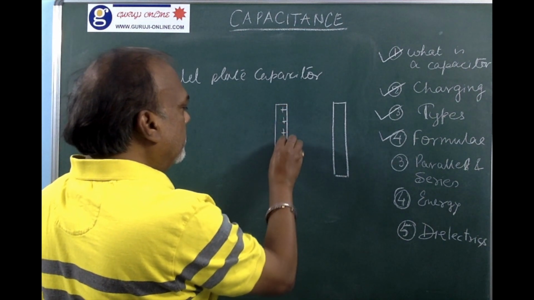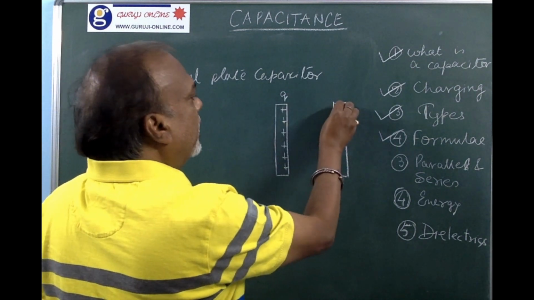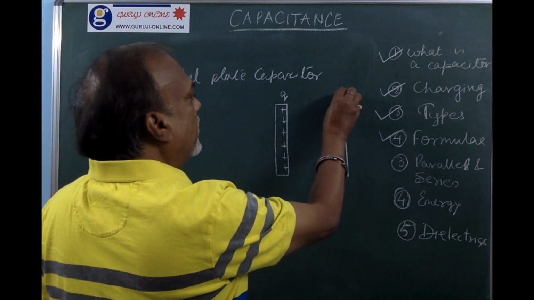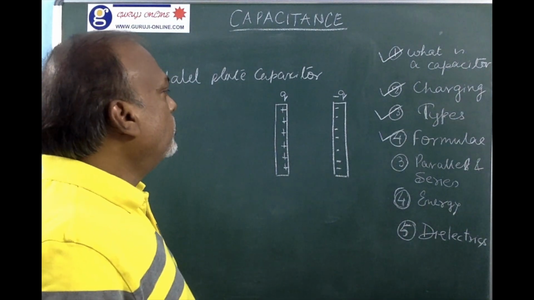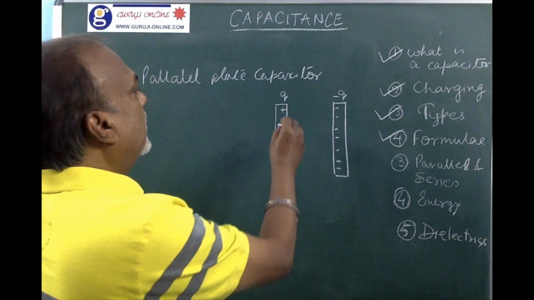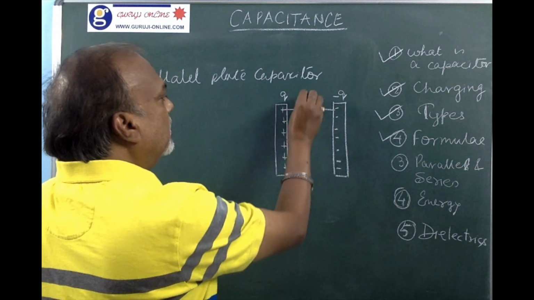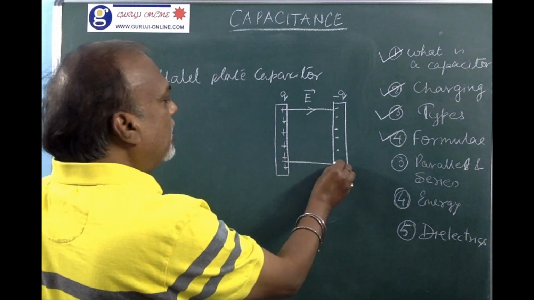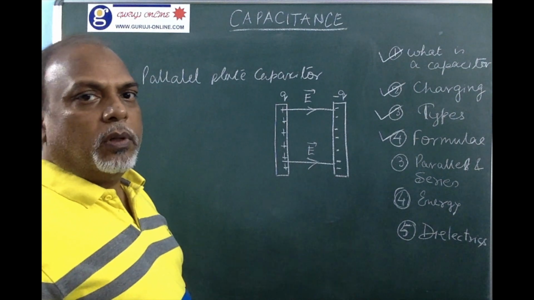Here positive charge Q, negative charge minus Q. Naturally this will be the electric field like this. Electric field is from positive to negative.